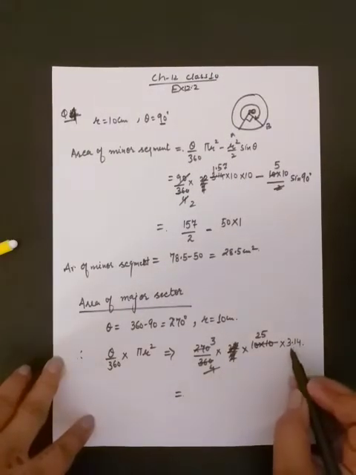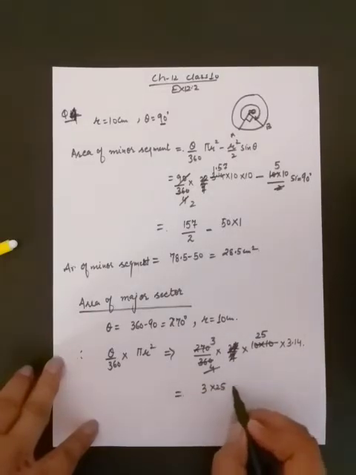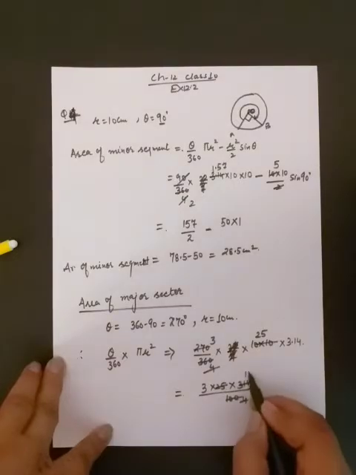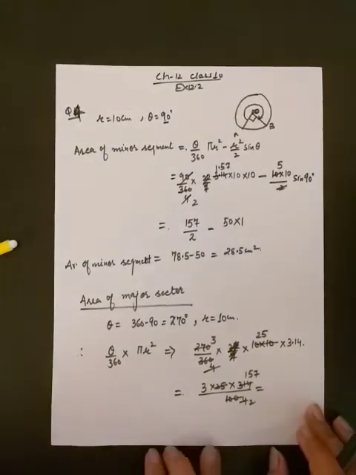So it can be written as 3 into 25 into... we can multiply it to find the area.